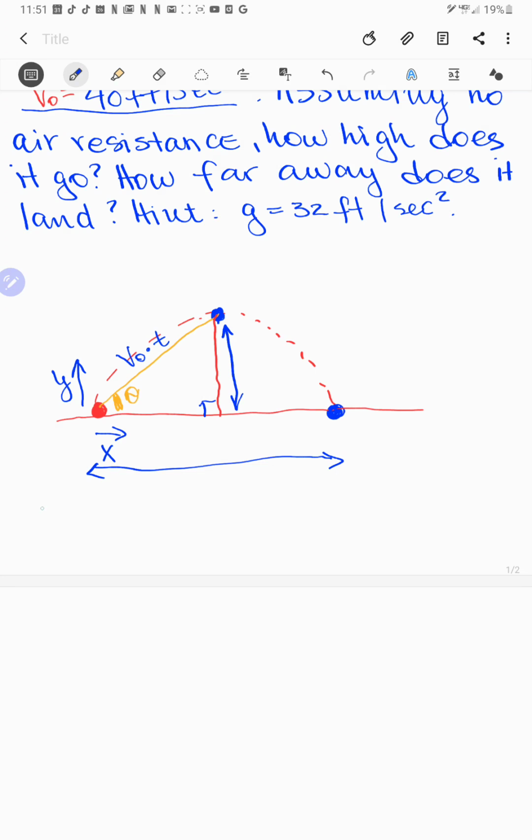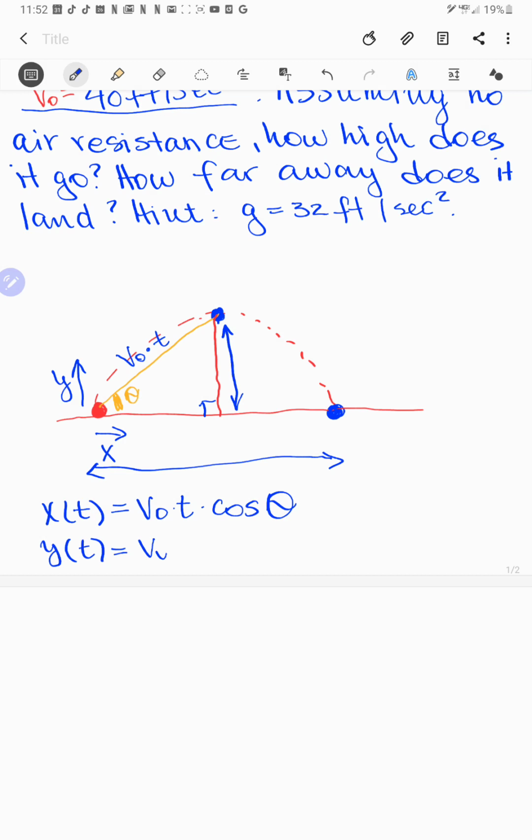in the x direction, depending on time, the ball will travel v naught times t, which is the hypotenuse, times cosine of the angle theta. And then in the y direction, we can do the same thing.